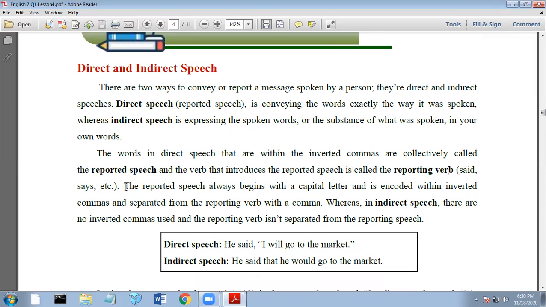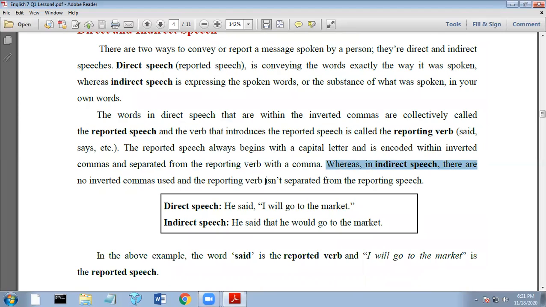The reported speech always begins with a capital letter and is enclosed within inverted commas and separated from the reporting verb with a comma. Whereas in the indirect speech, there are no inverted commas used and the reporting verb isn't separated from the reported speech. So again, there are the direct speech and indirect speech.